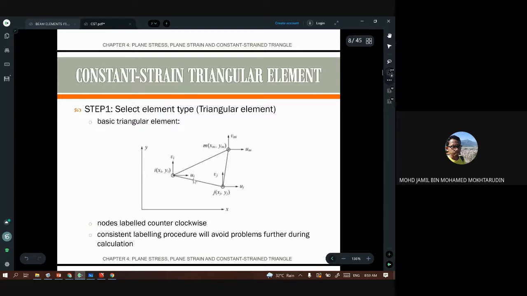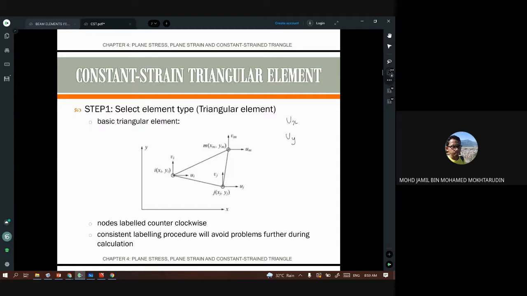And we split the displacement of the node using the symbols U and V. Like in truss element or beam element, we use UX and UY.